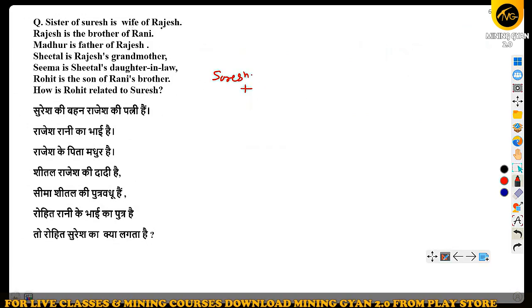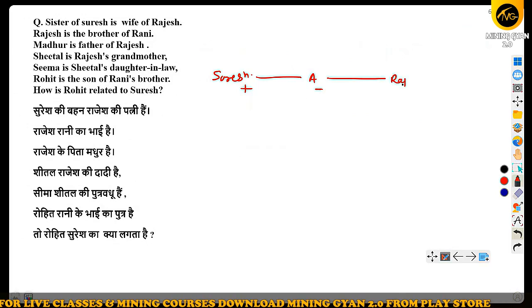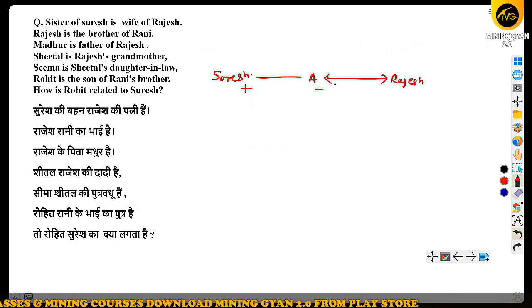Sister of Suresh, that means suppose A is the sister of Suresh, so it will be in negative sign. And suppose this is Rajesh, so the direction, the lines will be with the arrow sign. A and Rajesh are husband and wife.